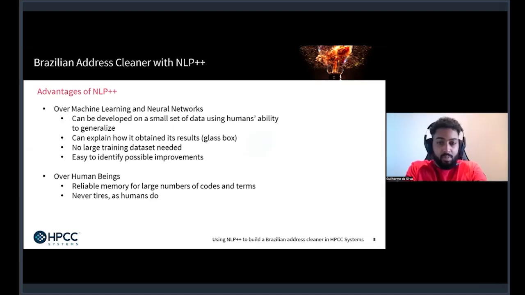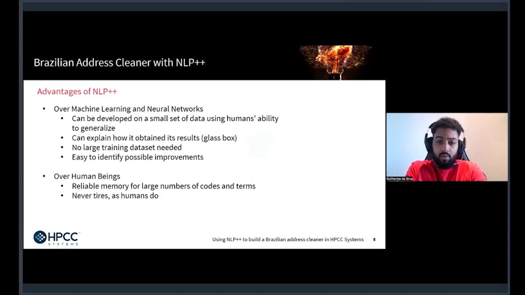So NLP++ has some advantages over machine learning and neural networks, including that NLP++ can be developed on a small set of data using humans' ability to generalize. NLP++ can explain how it obtained its results, so it is like a glass box.